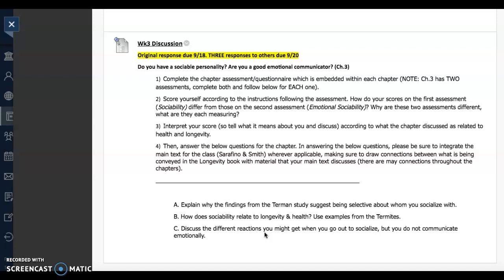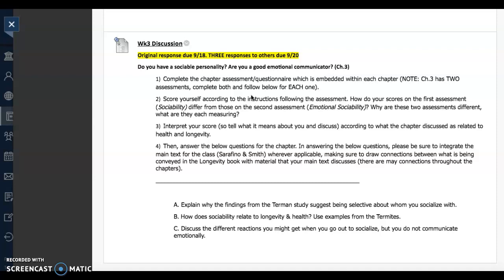So this week's discussion centers around sociable personality, as well as what kind of a communicator you are. You're going to answer the assessment questionnaire, which is embedded in the chapter, and this chapter actually has two of them.